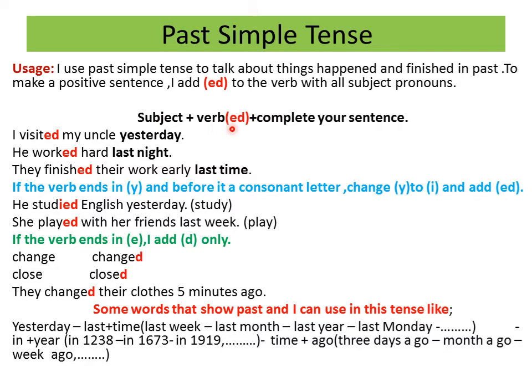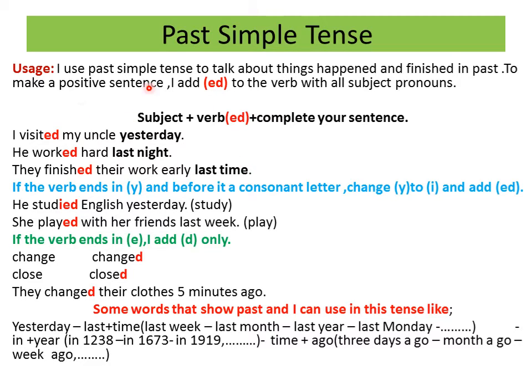Then the verb, but pay attention that you will add ed to most verbs, then complete your sentence. Example: I visited my uncle yesterday. Yesterday, not today, yesterday. He worked hard last night. I added ed. They finished their work early last time.